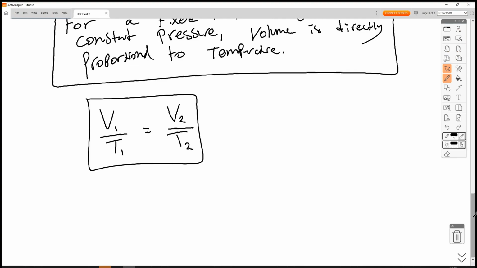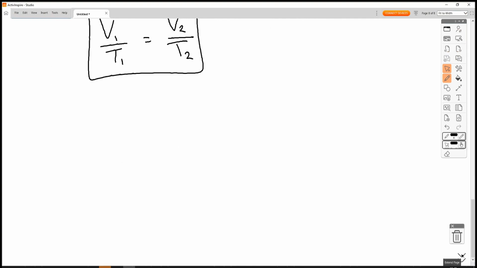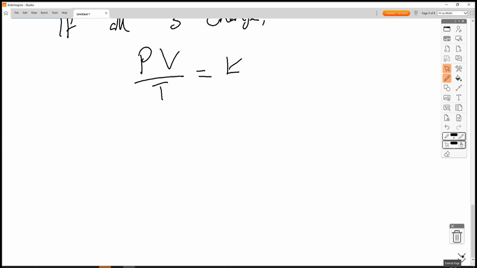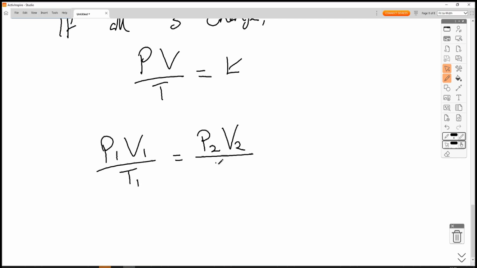And if all three of them are changing, then we go back to the first equation I gave, which was PV over T equals some constant, which gives us P1 V1 over T1 equals P2 V2 over T2.